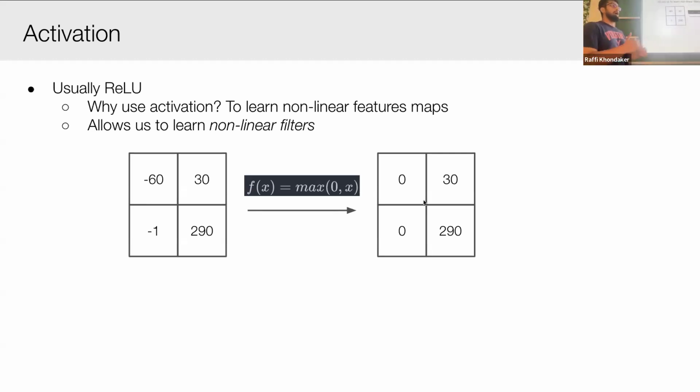So to learn more complex filters, you need to have an activation function at the end of your convolution step. The activations are the exact same as you would have in your neural networks. ReLU, for example, works perfectly well. The only difference is that these functions operate on individual pixels or individual cells, whereas convolution operates on windows, like ranges of pixels.